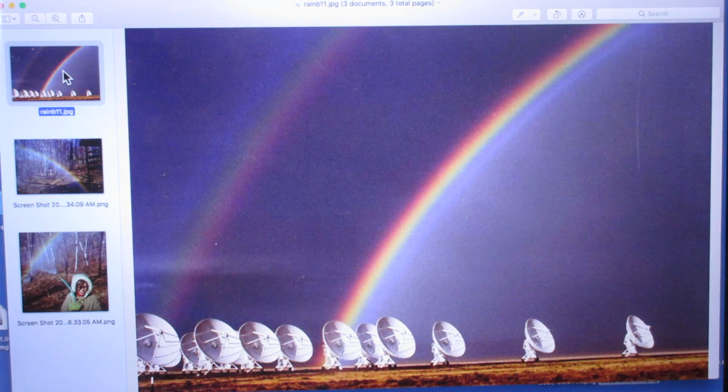What you see here is the primary bow on the right, red on the outside, blue on the inside. The radius of that primary bow is about 42 degrees. And the primary bow is a circle, by the way, and the center of that is the anti-solar point.